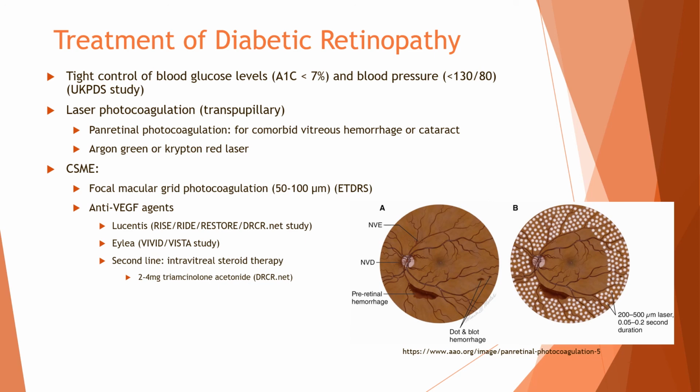For clinically significant macular edema, the focal macular grid photocoagulation of size 50 to 100 micrometers, according to the ETDRS studies, has been effective, and anti-VEGF agents such as Lucentis or ranibizumab, Eylea or aflibercept, and bevacizumab can be an effective way to prevent neovascularization and macular edema.